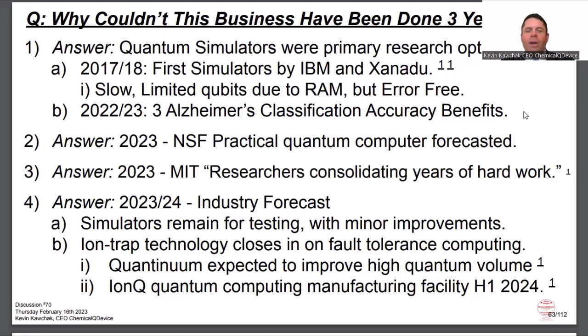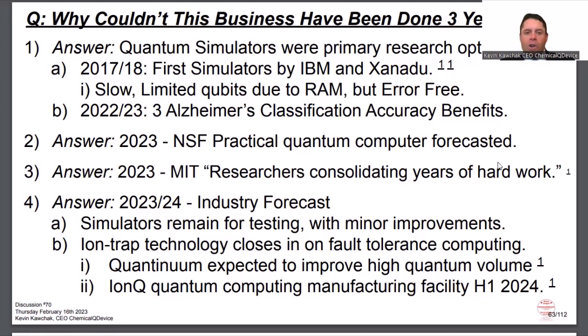We'll probably see bumps in both gate-based and non-gate-based. MIT also says this is the year for researchers to consolidate years of hard work. The other answer to why this hasn't taken off in the last 3 years is that the simulators remain for testing with minor improvements.